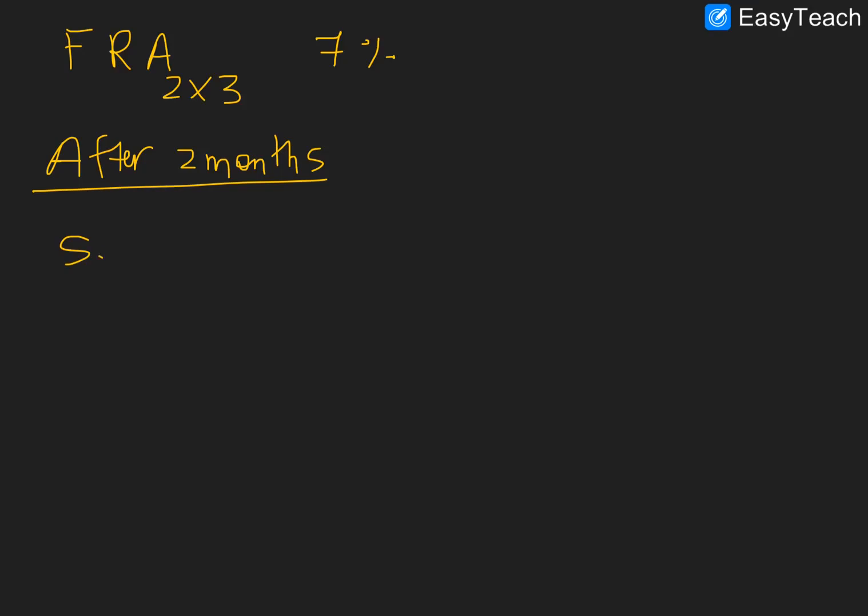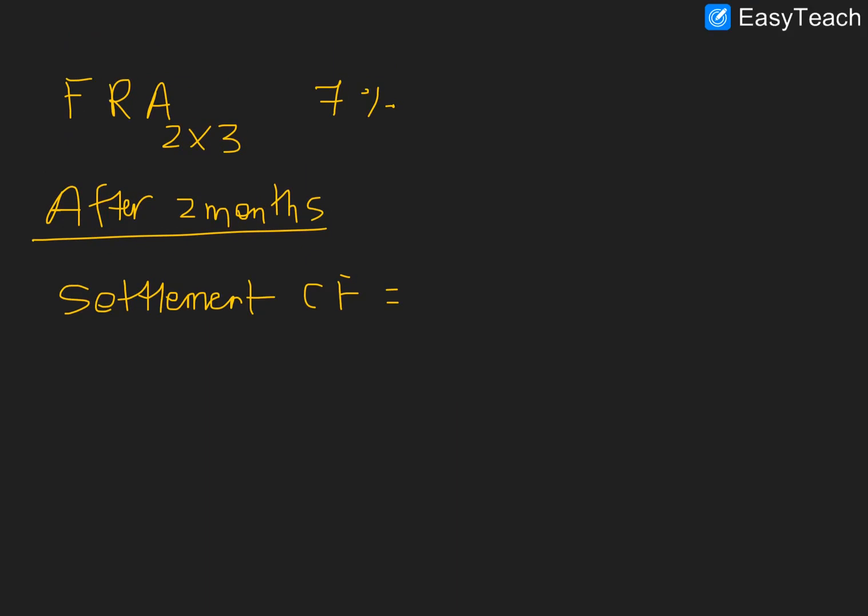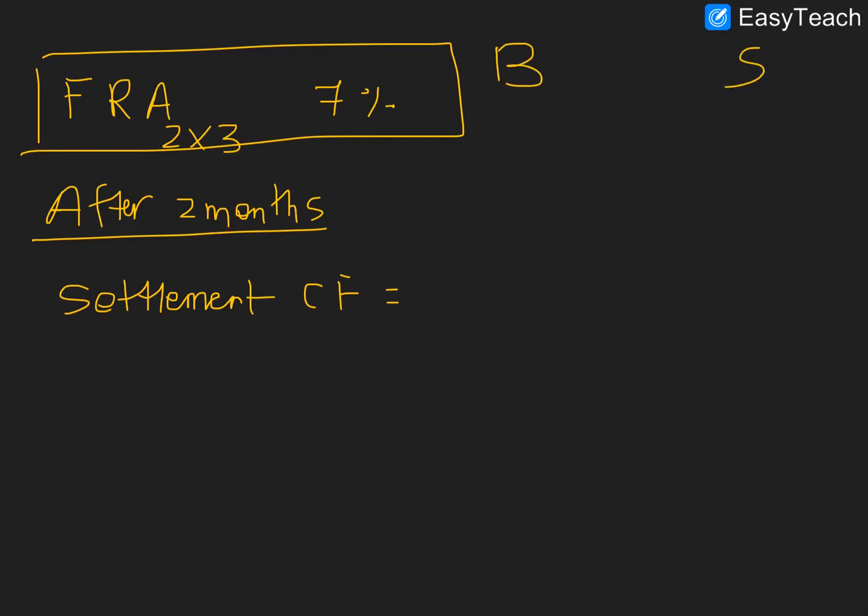How is the FRA going to be settled? Settlement cash flow. Now FRA is 7%. Now one thing we need to understand, that this FRA at 7%, we always say that either it was bought or sold.